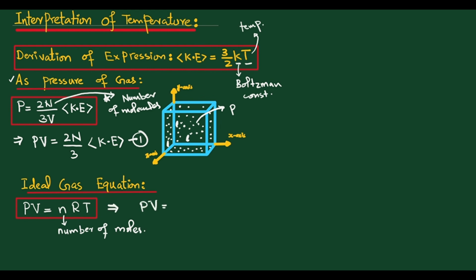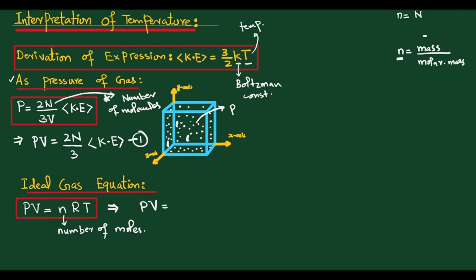Then we can write this equation: PV is equal to nRT. The number of moles n is equal to the mass divided by molar mass, or the number of molecules divided by Avogadro number. The total mass of a gas divided by the molar mass, meaning the mass of 1 mole.